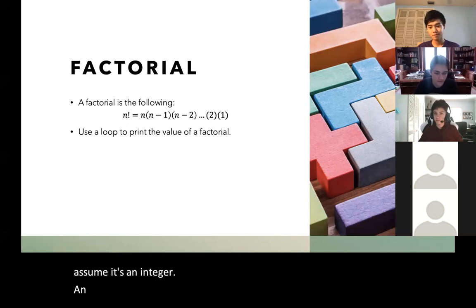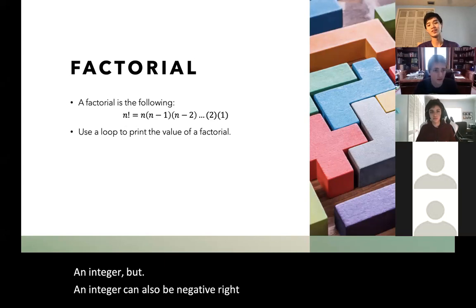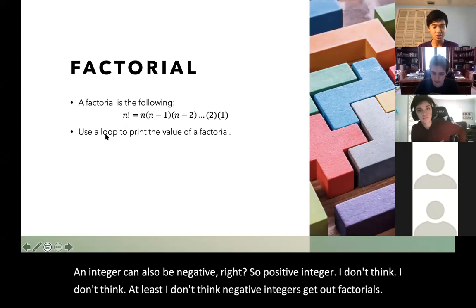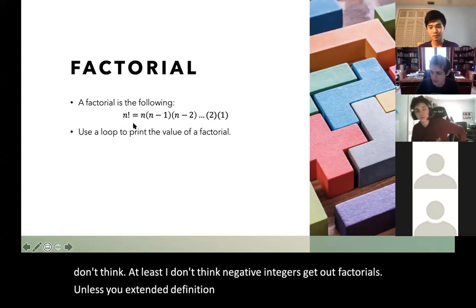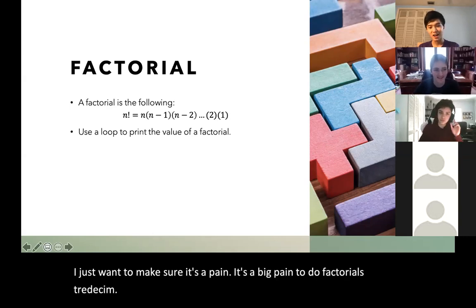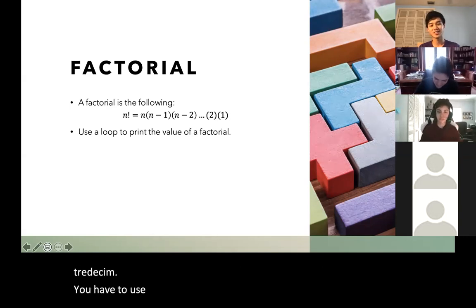But an integer can also be negative, right? Positive integer. I don't think negative integers can have factorials, unless you extend the definition using calculus. Yeah, it's a big pain to do factorials for decimals. You have to use, I think, the gamma function.